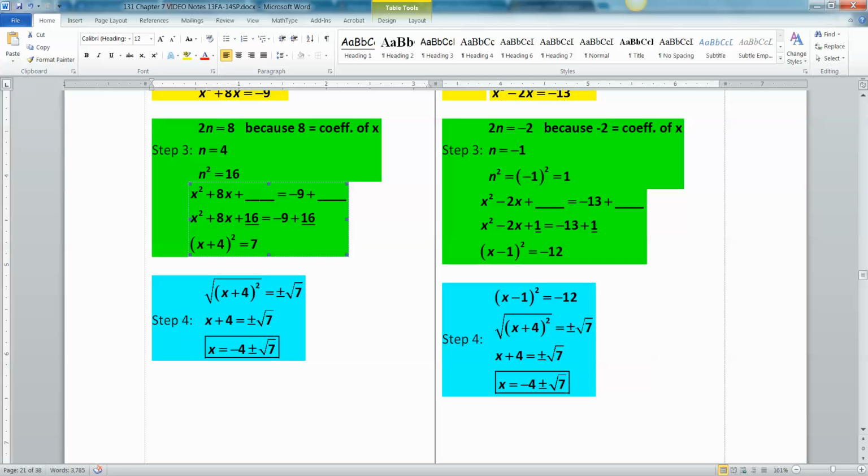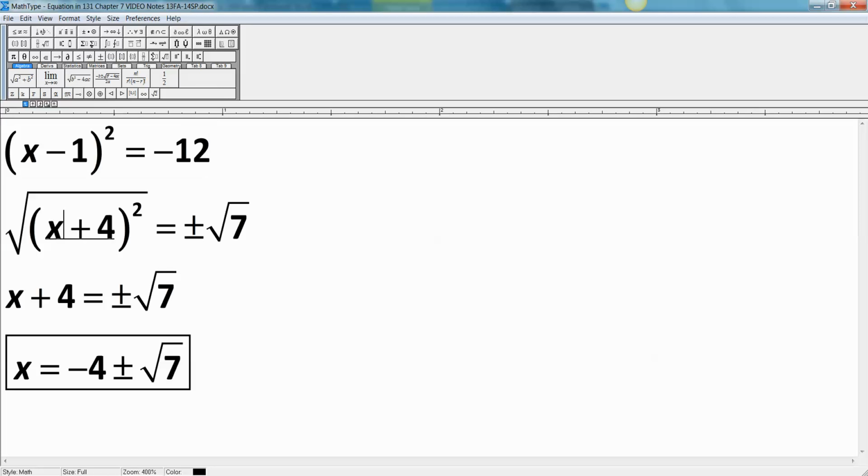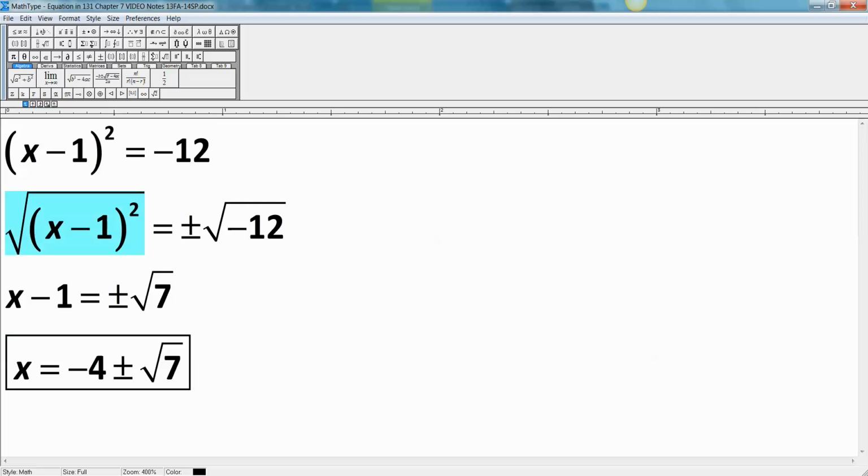Now that I know it's negative 12, I'm going to have to take the square root of both sides. So I get x minus 1 equals plus or minus the square root of negative 12, and now we're going to have to fiddle with this. You have to take an i out, and 12 is 4 times 3.